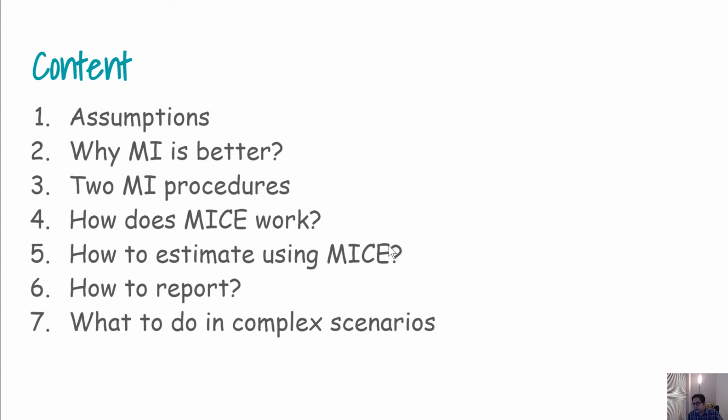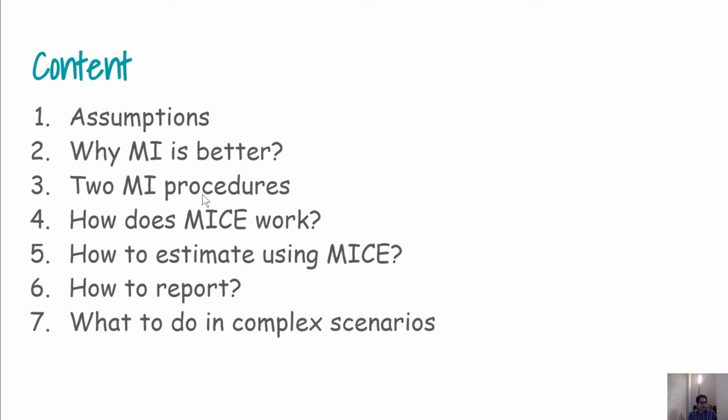And in this particular discussion lecture, I'm going to talk a bit more about assumptions, why multiple imputation is better than other types of imputations, and what the process of multiple imputation is.